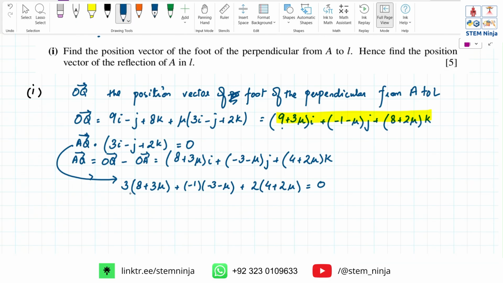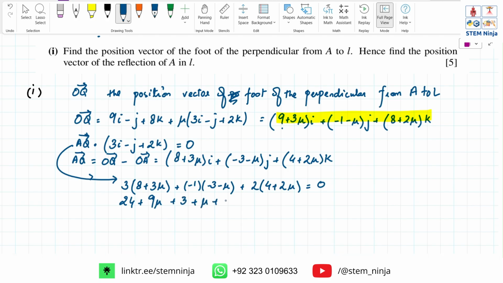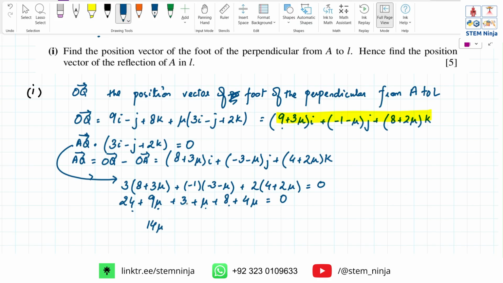So what we have, okay, 24 plus 9 mu plus 3 plus mu plus 8 plus 4 mu equals 0. So 9 plus 1 plus 4, 14 mu, and 24 plus 8 is 32, 32 plus 3 is 35.